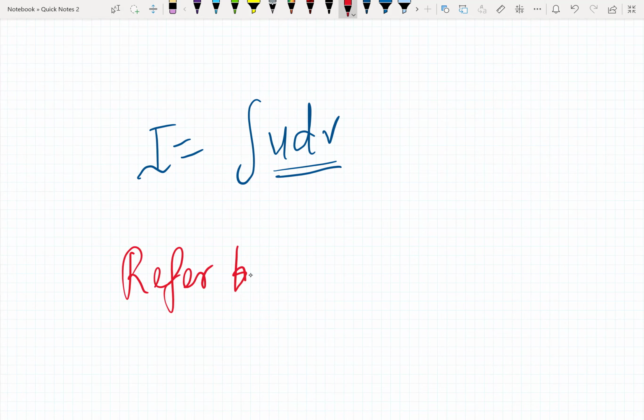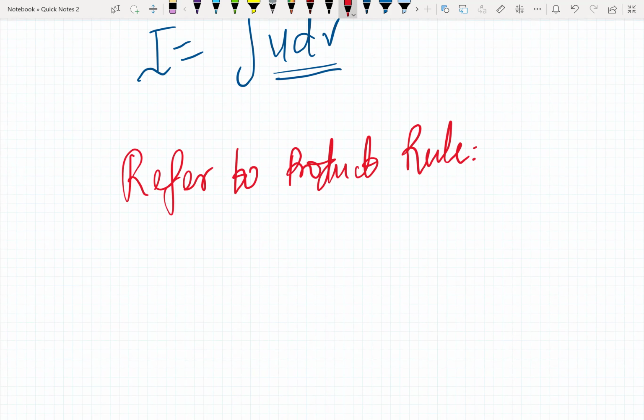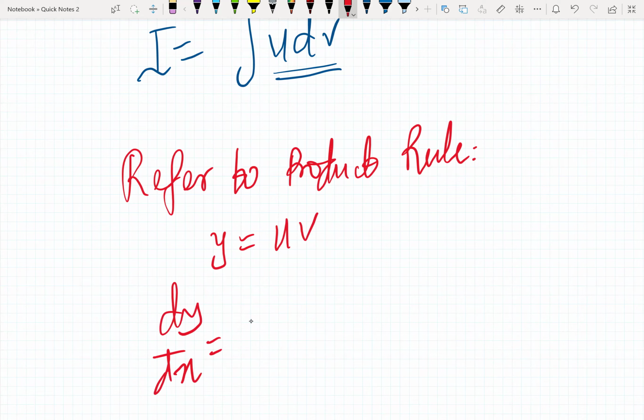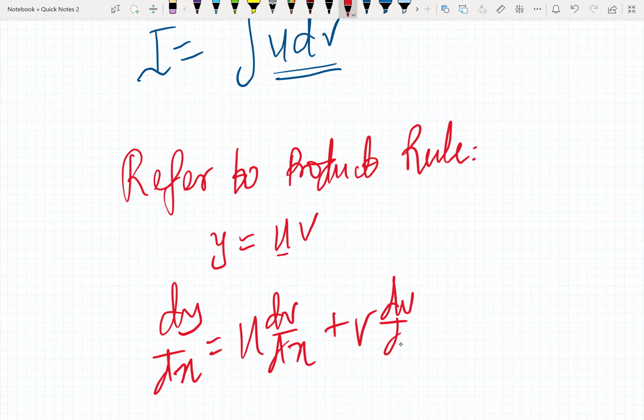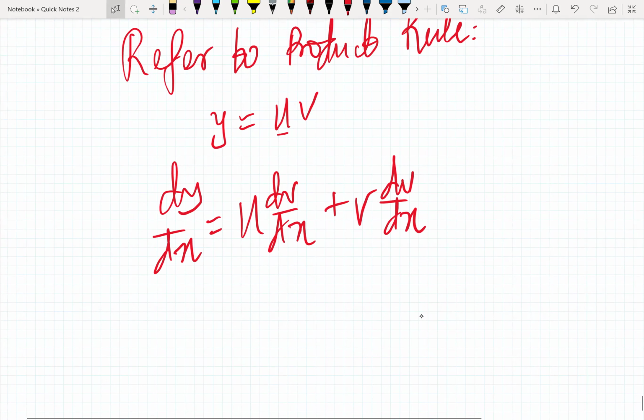You remember for the product rule, if you have a function y equals uv, then dy dx overall will be u dv dx plus v du dx. That's the product rule. If you multiply through by dx, you get dy equals u dv plus v du.